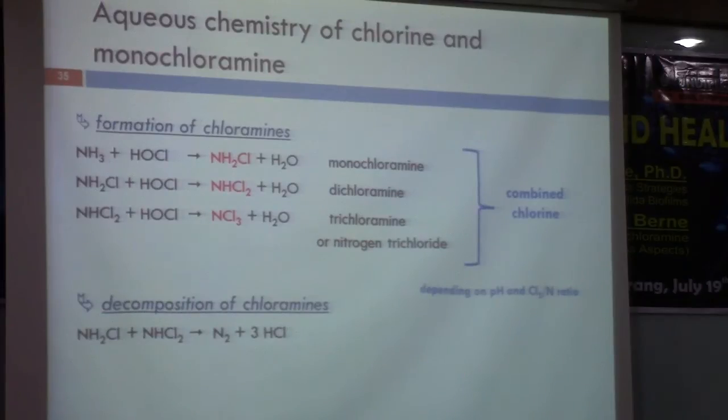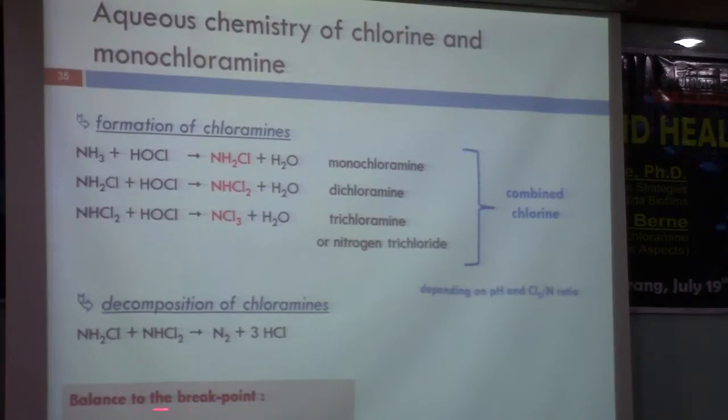Then we have a reaction of decomposition of chloramines involving both monochloramine and dichloramine to produce nitrogen. That is to say, we remove ammonia. And the global reaction up to a special point called the breakpoint is this reaction.